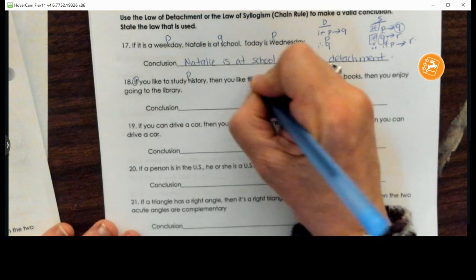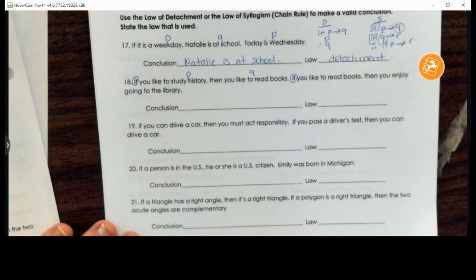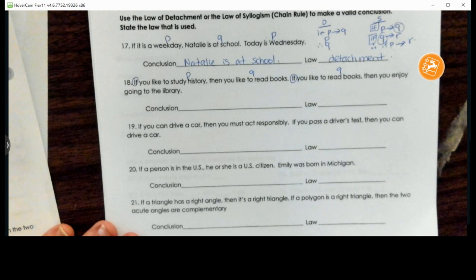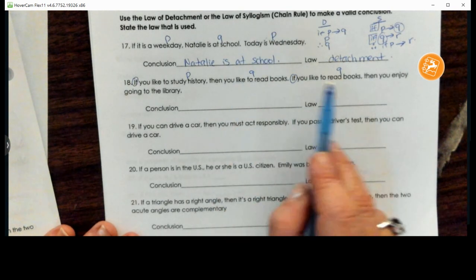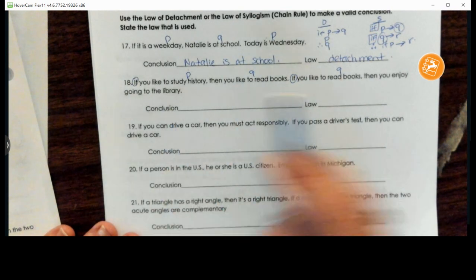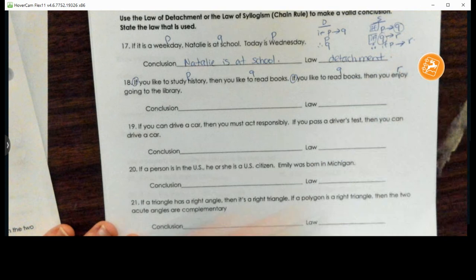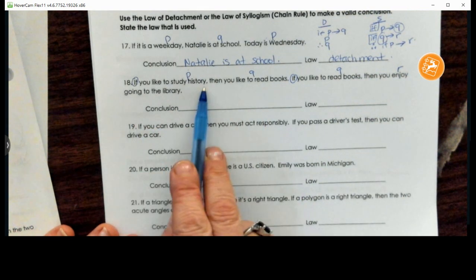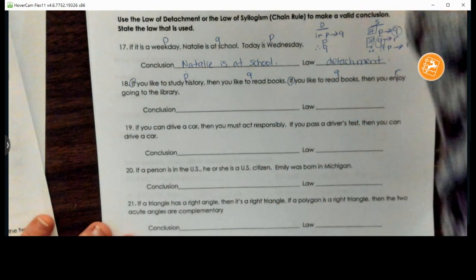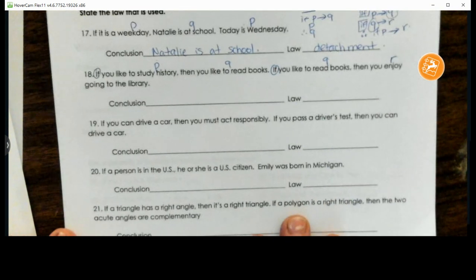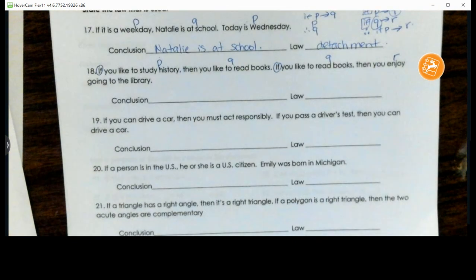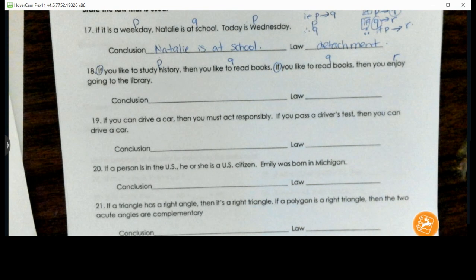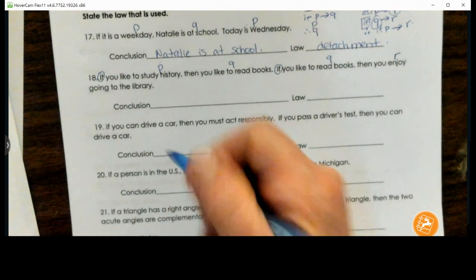So this is P, that's Q, this is Q. Okay, we're both reading books, and that's R. So our conclusion is P goes to R. So if you like to study history, then you enjoy going to the library.